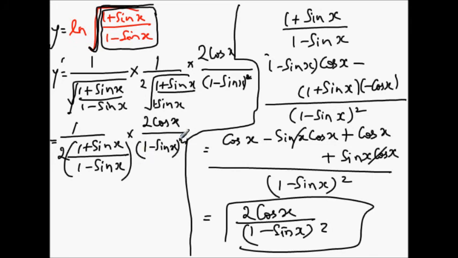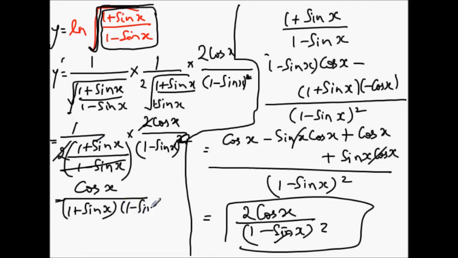As you can see, if you had expanded the denominator here, you would have found it very difficult to cancel. But now you can cancel 1 minus sin x with one of them here. So this and the 2 cancels. So this would be cos x over 1 plus sin x, times there is one more 1 minus sin x in this place.